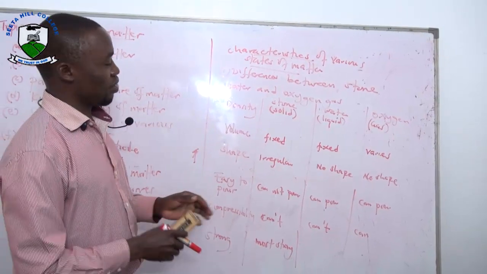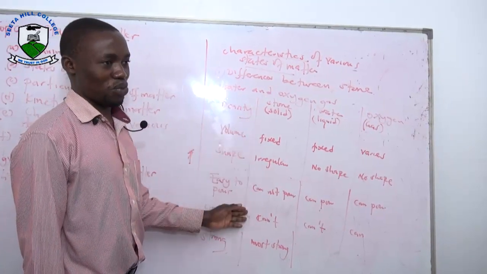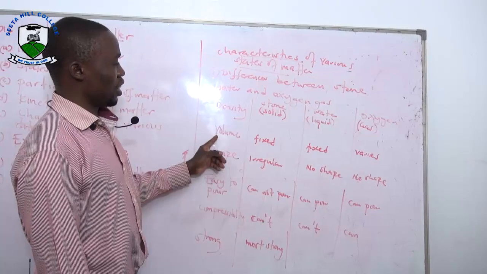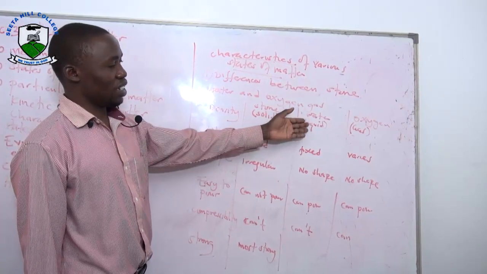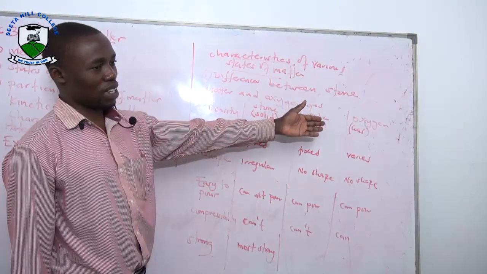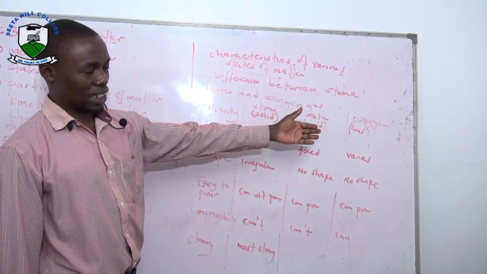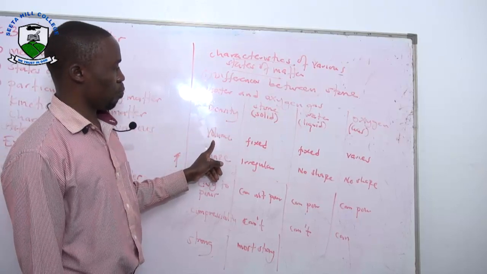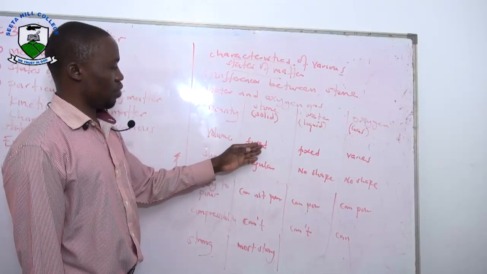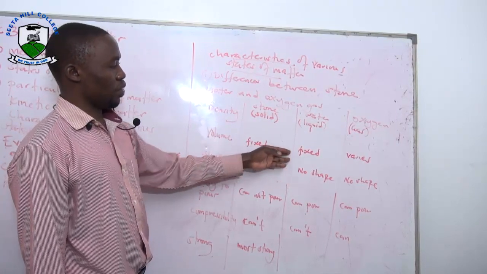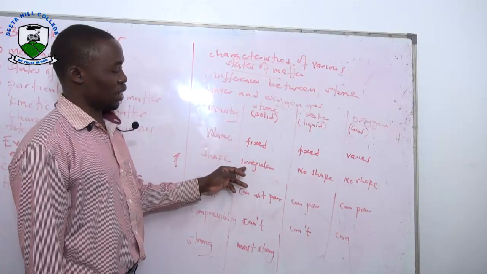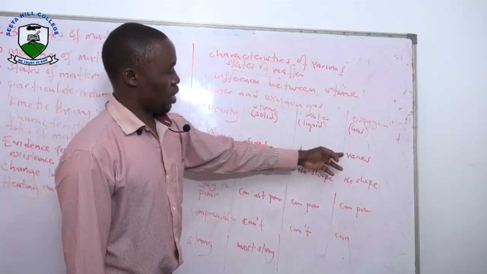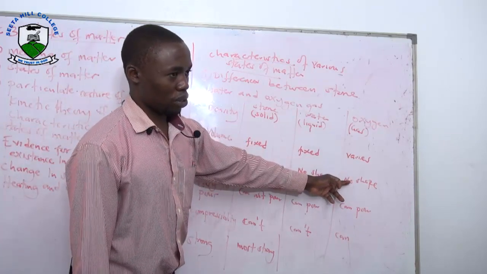That means these factors would now be true, not so? A solid is very dense, a liquid is dense, a gas is very less dense. Then you say the volume, stone has a fixed volume, water has a fixed volume but no shape, a gas has no fixed volume and no shape, not so?